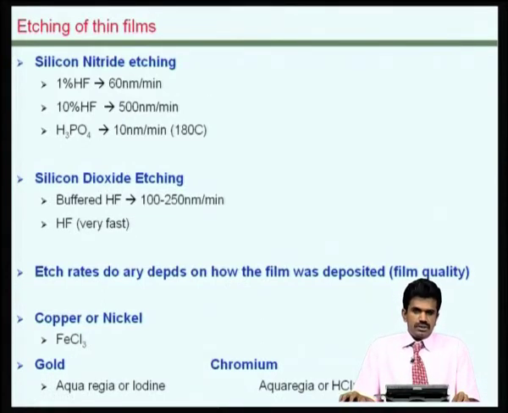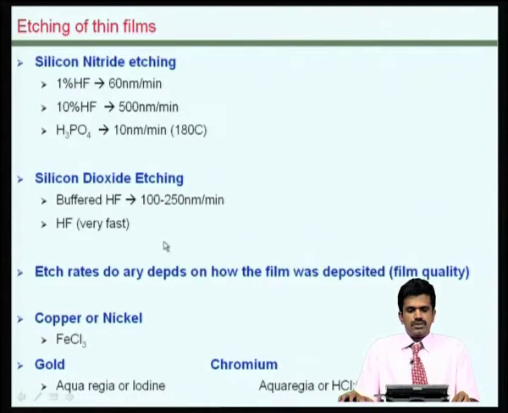To etch the thin films, you have seen silicon dioxide in the previous example, where one could use buffered HF. When you use silicon nitride, various concentrations of HF or even phosphoric acid could be used.